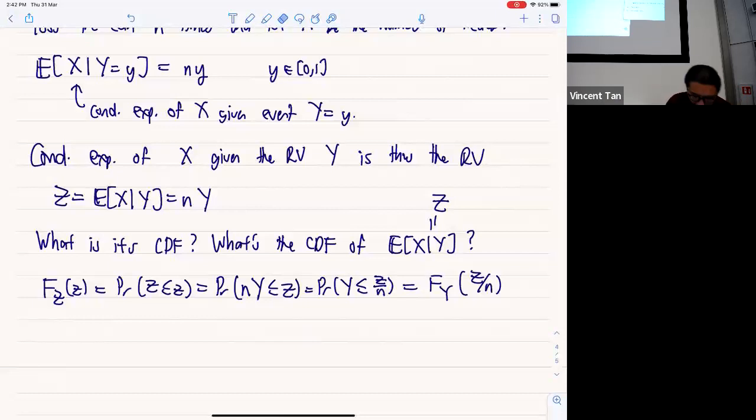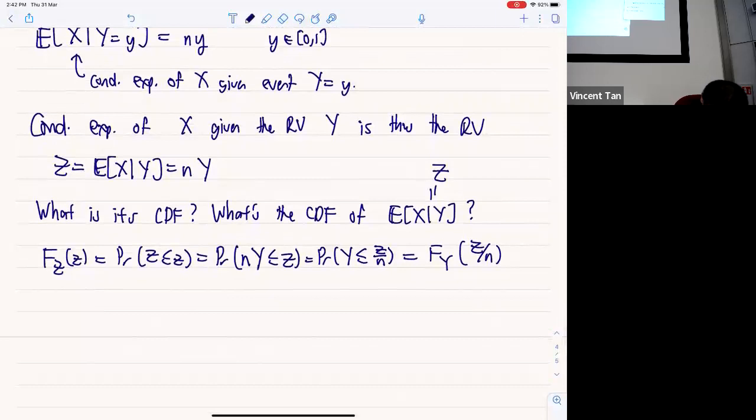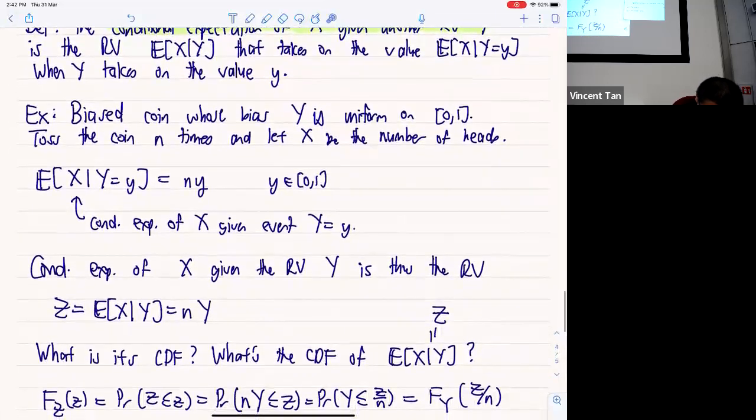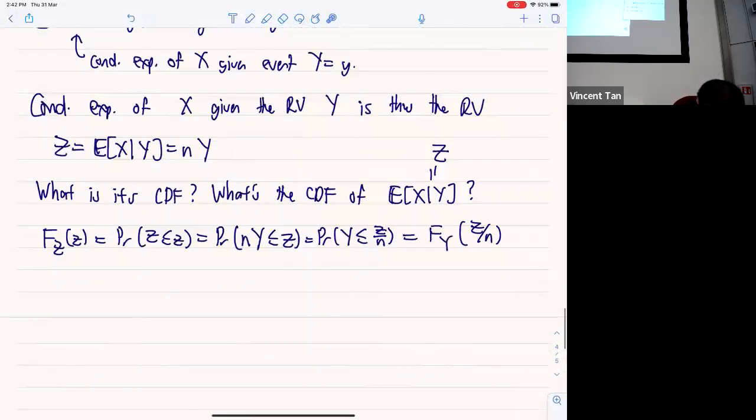So now we can actually have the CDF and we can find the PDF using the same procedure as in the tutorial. Okay, by the way, here before we do anything, Y is uniform. I did say that Y is uniform on 0, 1. Okay, Y is uniform. So the CDF here looks like z over n. Okay, because we are uniform. And here z can only take on values from 0 to n.